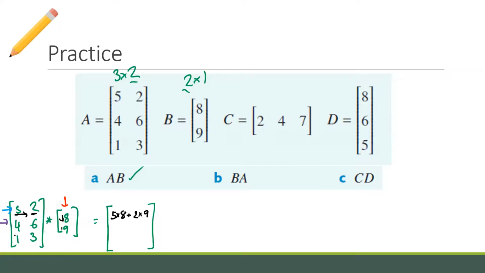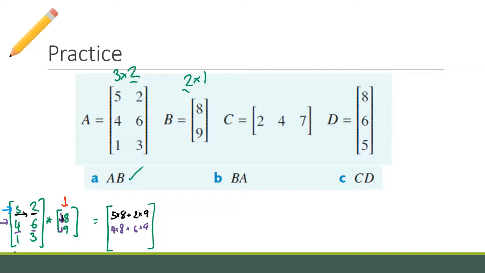For the second one, we're going to do 4 times 8. So second row, first number times first column is 4 times 8. Second row, second number, 6, times the column is 6 times 9. I'm going to add those together.